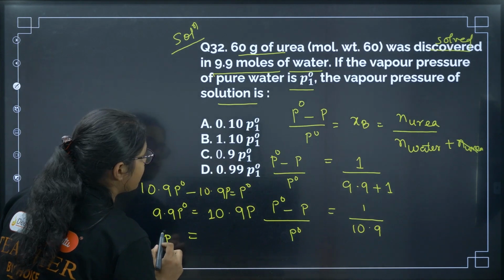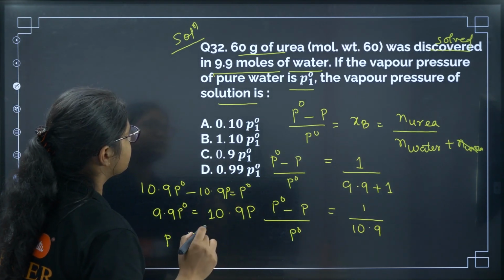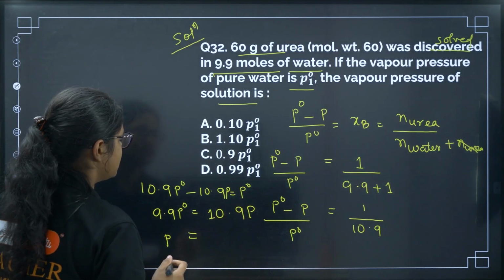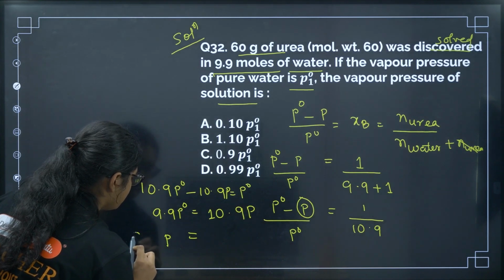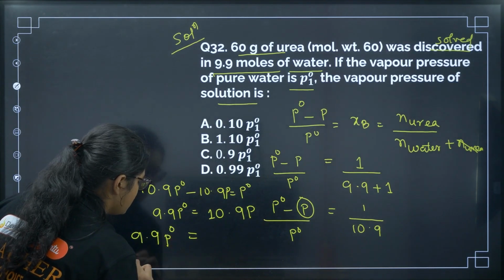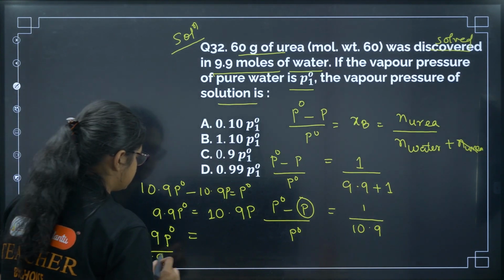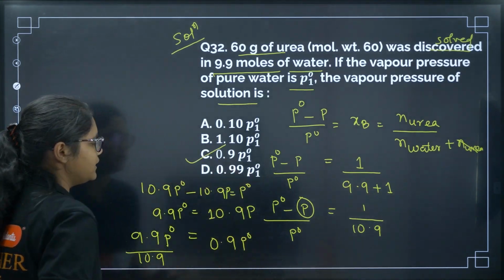If the vapor pressure of pure water is P0, then the vapor pressure of the solution is... So we have to calculate the P value, right? So P value will be equal to 9.9 P0 by 10.9. Okay, so the correct answer for this question will be 0.9 P0, that is option number C.